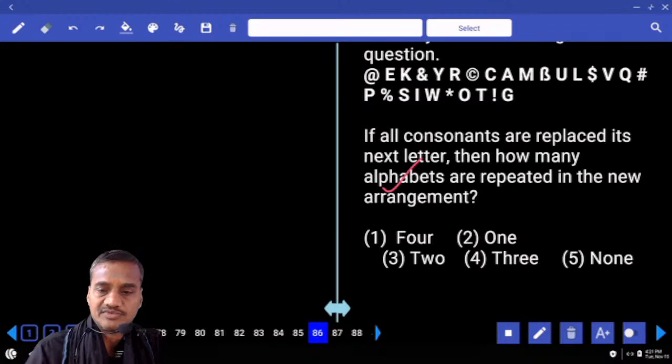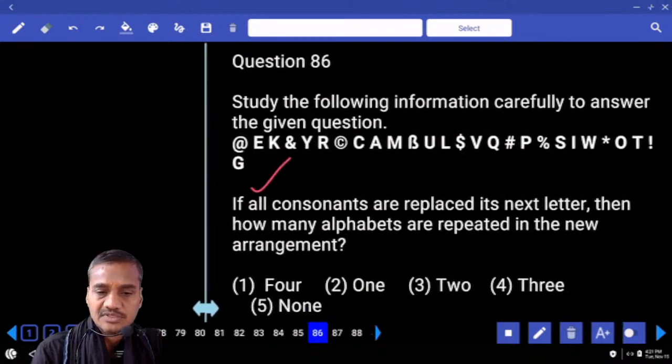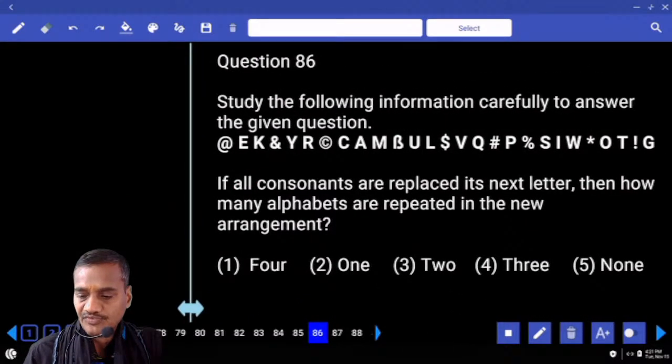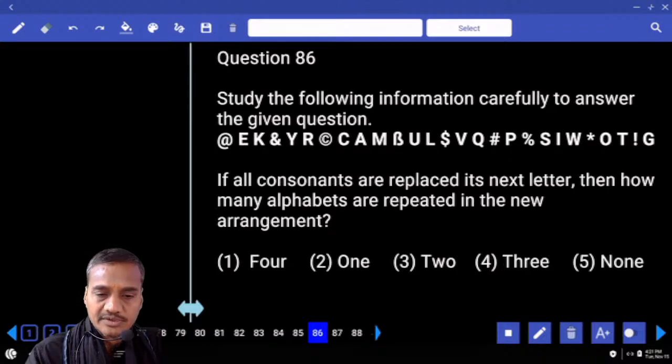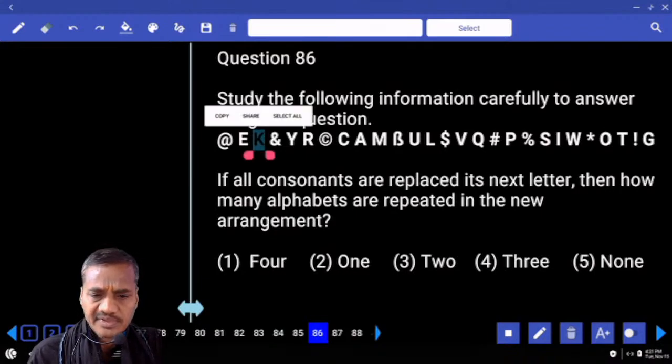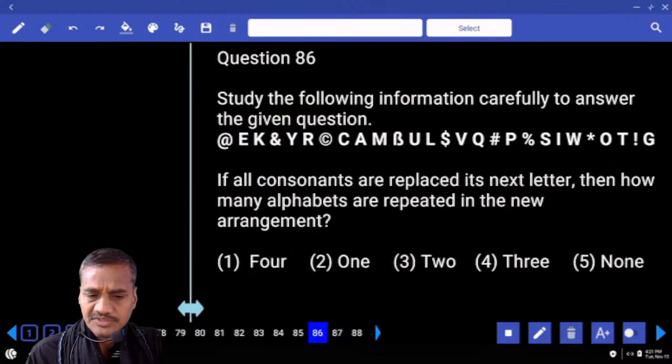Then 86 onward, they are based on sequence. Now in this sequence, if all the consonants are replaced by its next letter, then how many alphabets are repeated in the new arrangement? Now, all these consonants, K will become L. K will be L, isn't it?